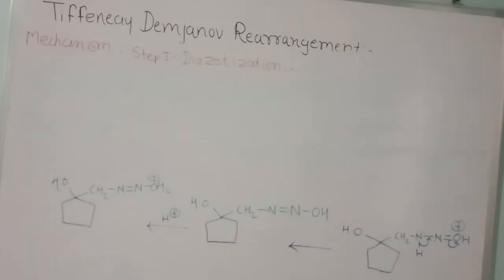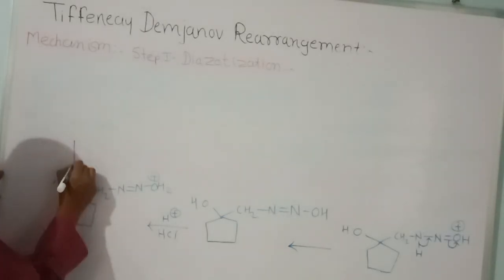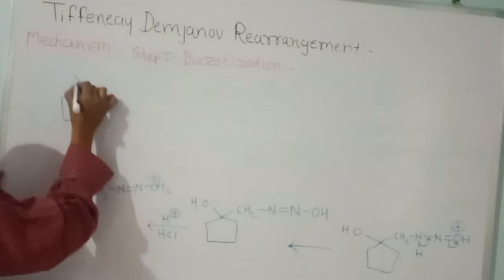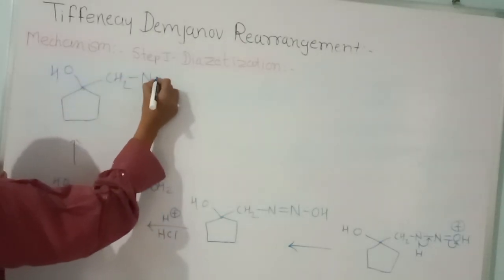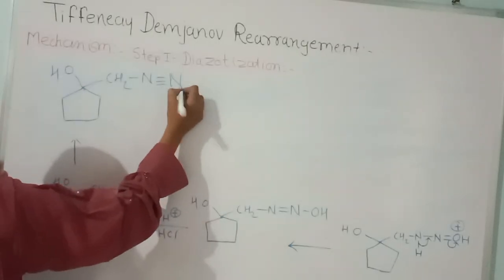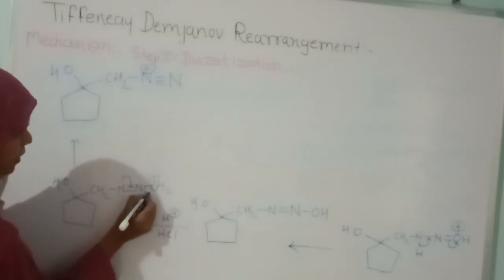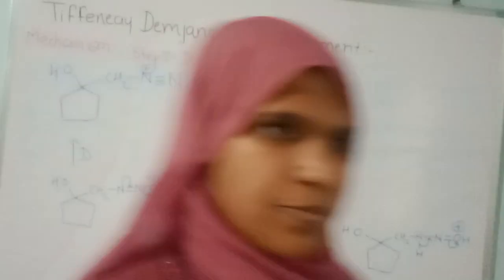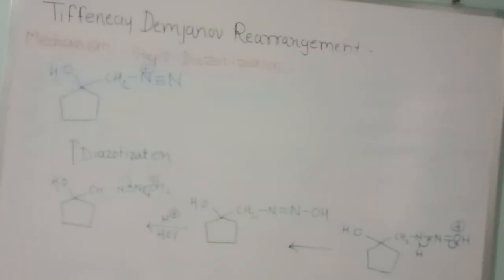Next step of your diazotization, we get OH CH2 N double bond triple bond N, which carries a positive charge. Here this lone pair will depart with OH2. Here diazotization takes place and the diazonium species is formed.